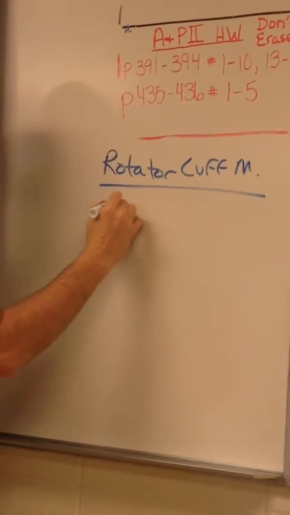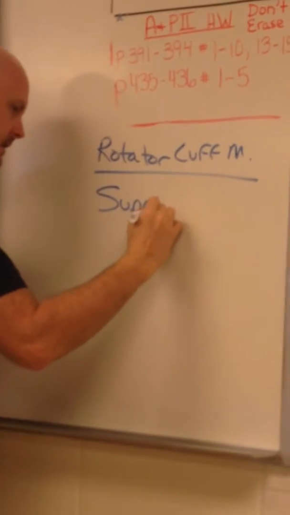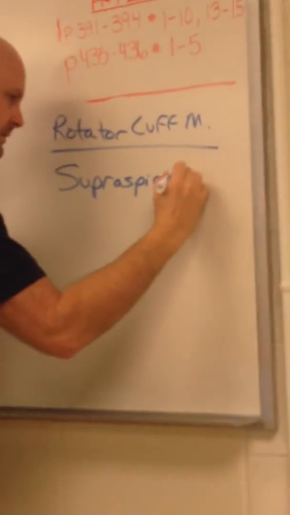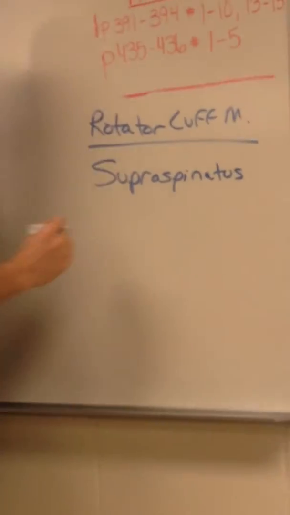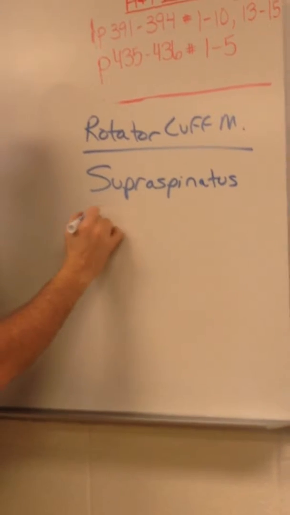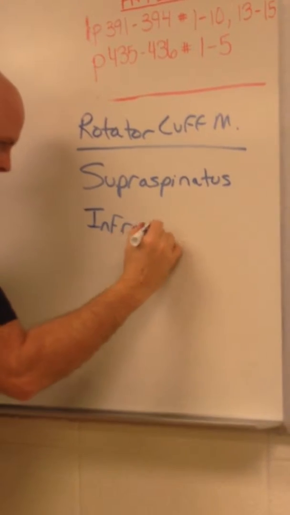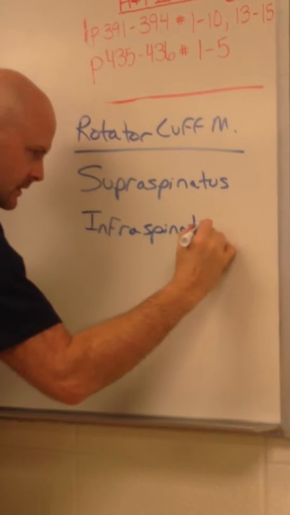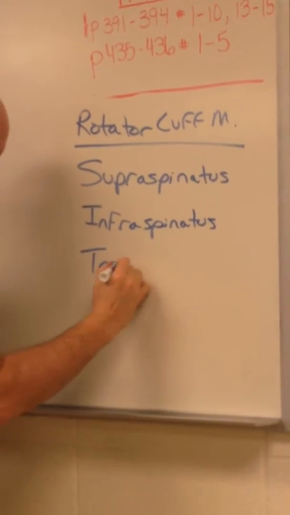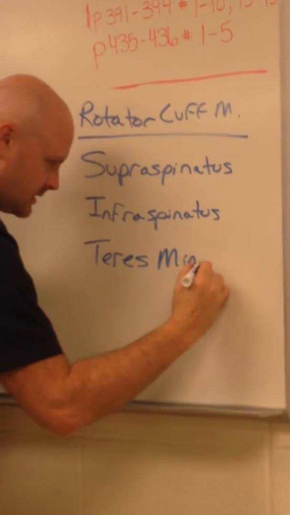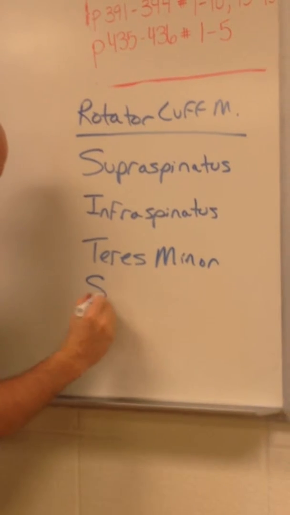All right, they are the supraspinatus, and we saw these when we looked at the joints, when we talked about the shoulder, but here we see them as muscles. Infraspinatus, teres minor, and subscapularis.